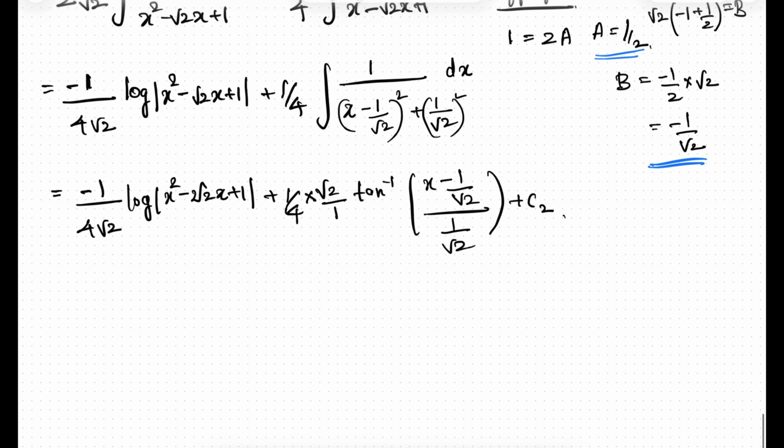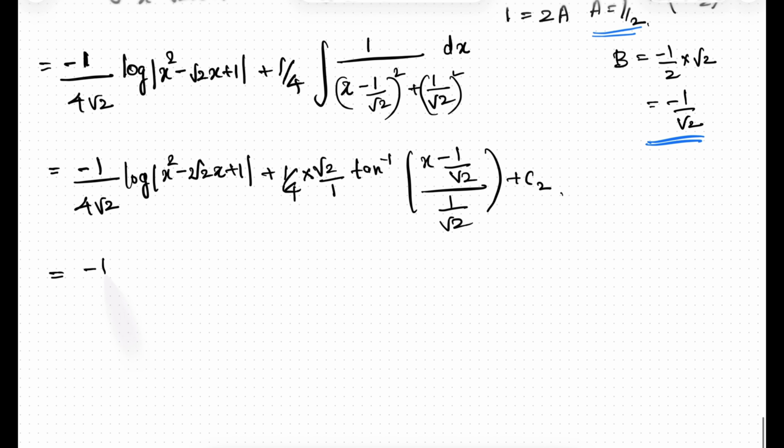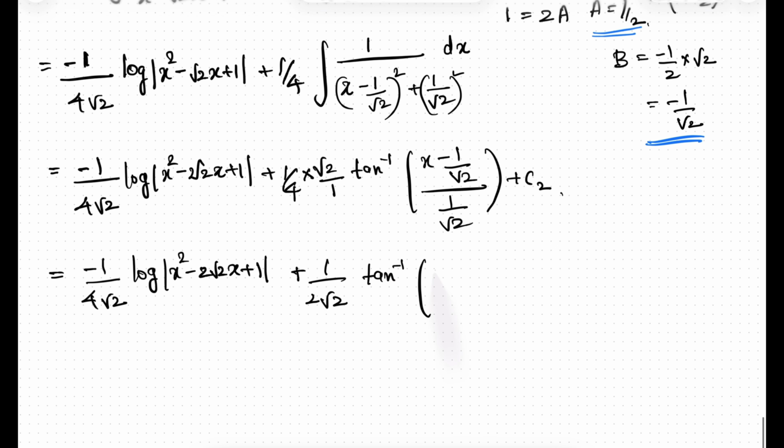So we'll be having minus 1 by 4 root 2 log of x square minus root 2x plus 1 plus 1 by 2 root 2 tan inverse of root 2x minus 1 by root 2 by 1 by root 2 plus c2.